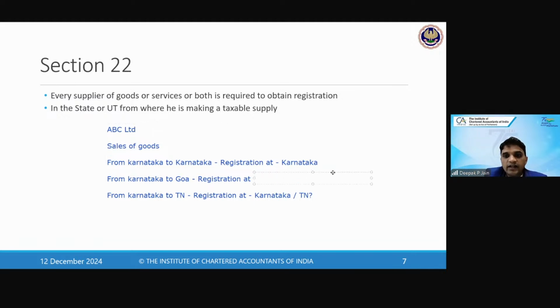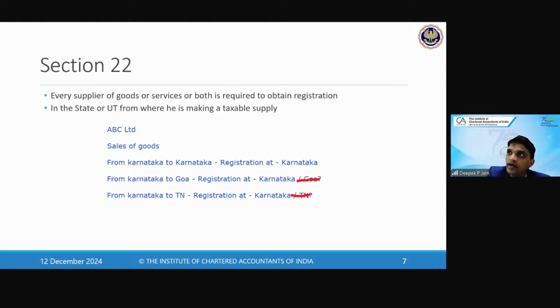So in these cases, you only have to take registration in Karnataka. You do not have to go to that state and take registration.